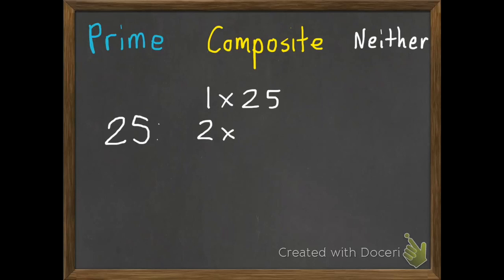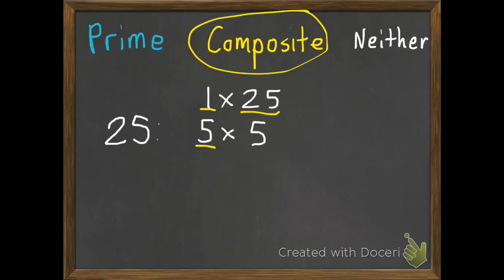It ends with 5, and that's odd. 3, nope. 4, nope, I know there's 24 and 28, but no 25. What about 5? 5 times 5. And we're back to our 5, so that is all the factor pairs. But there are 1, 2, 3 different factors, which makes it composite.